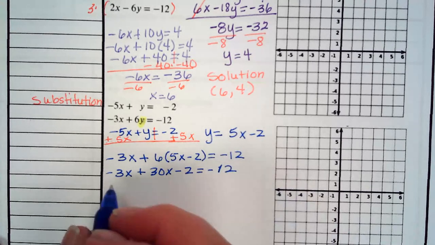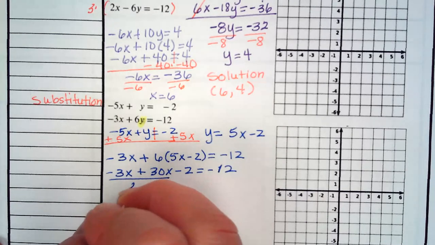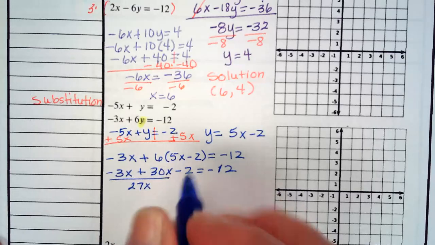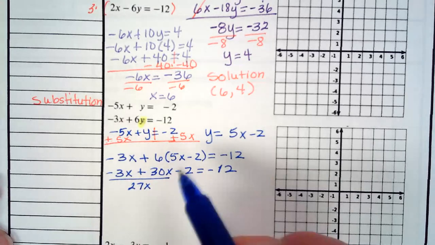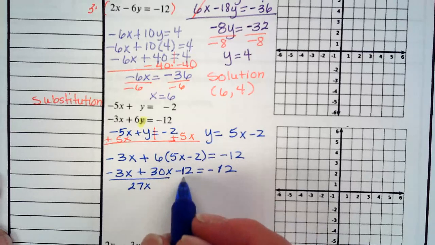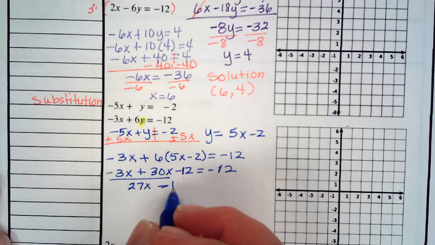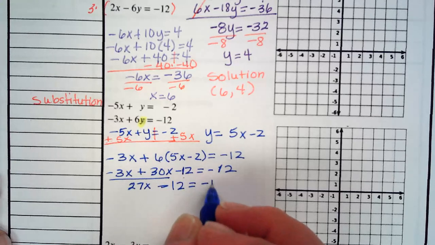Combine your like terms. Negative 3x plus 30x is 27x. And this should be minus 12 here, because 6 times negative 2 is negative 12. So 27x minus 12 is equal to negative 12.